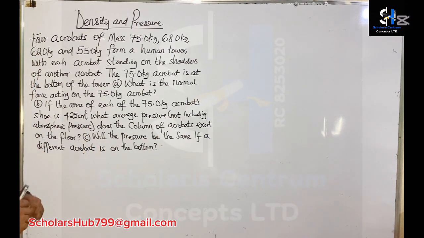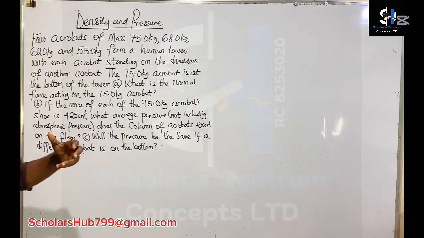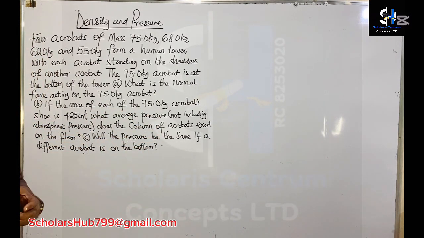That's the first question. Then, if the area of each of the 75 kilogram acrobat's shoes is 425 square centimeters, what average pressure, not including atmospheric pressure, does the column of acrobats exert on the floor?